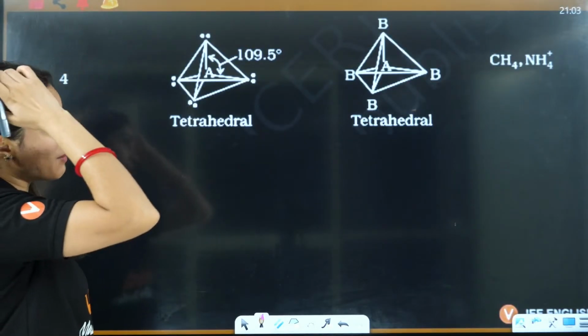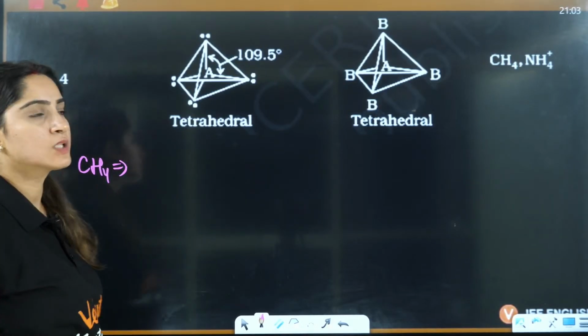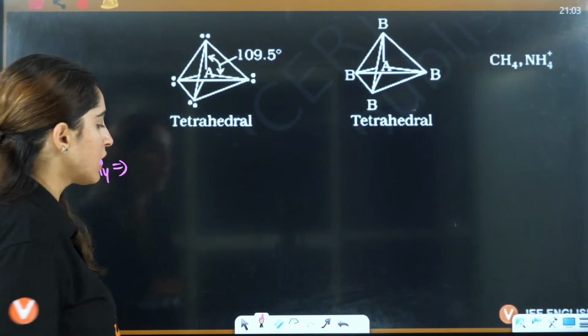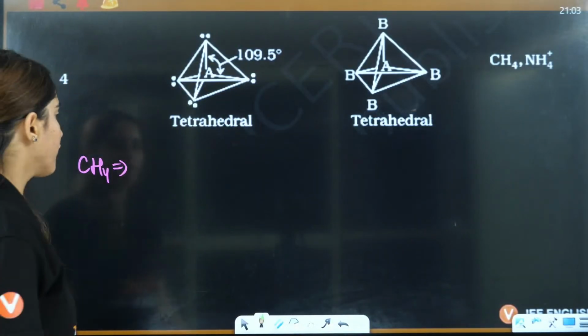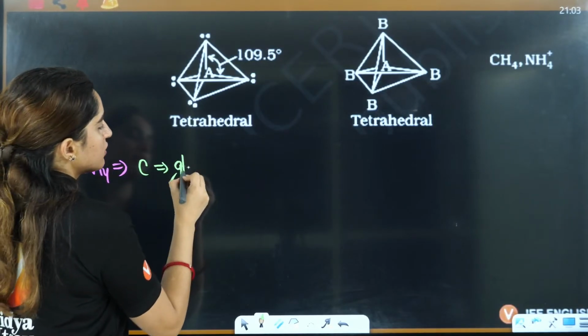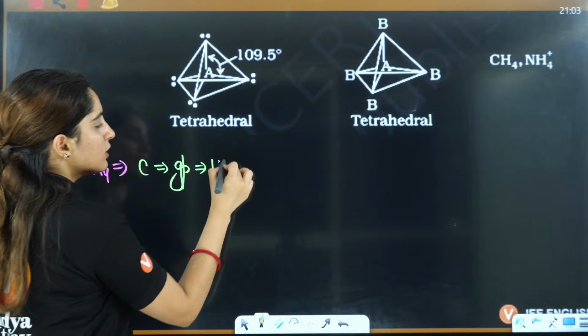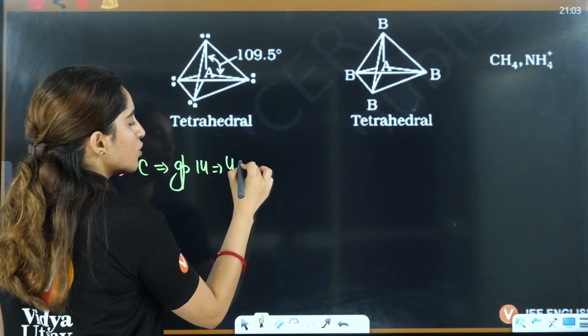Let's take the example, let's say CH4. Now in CH4 what you have? Carbon belongs to group number, which group? 14. Group number 14 means it will have 4 valence electrons.